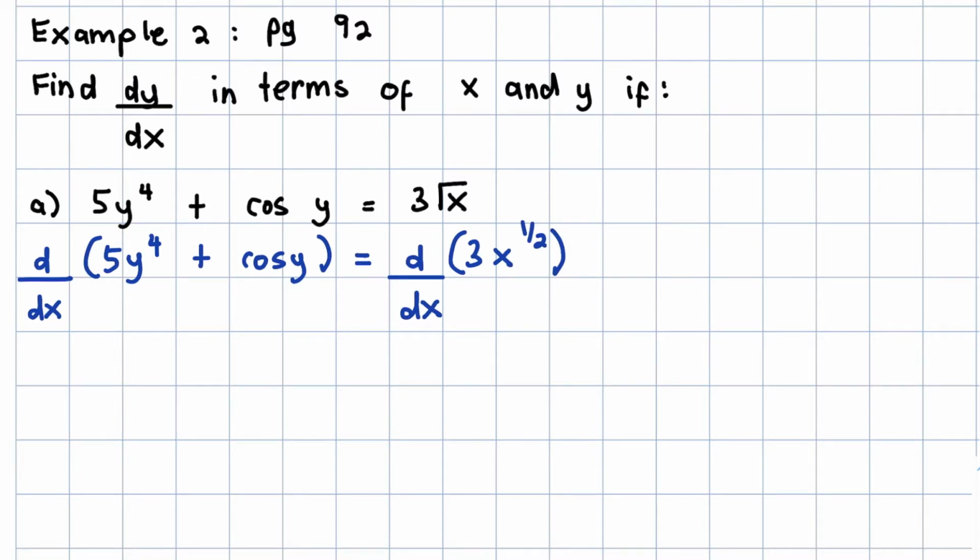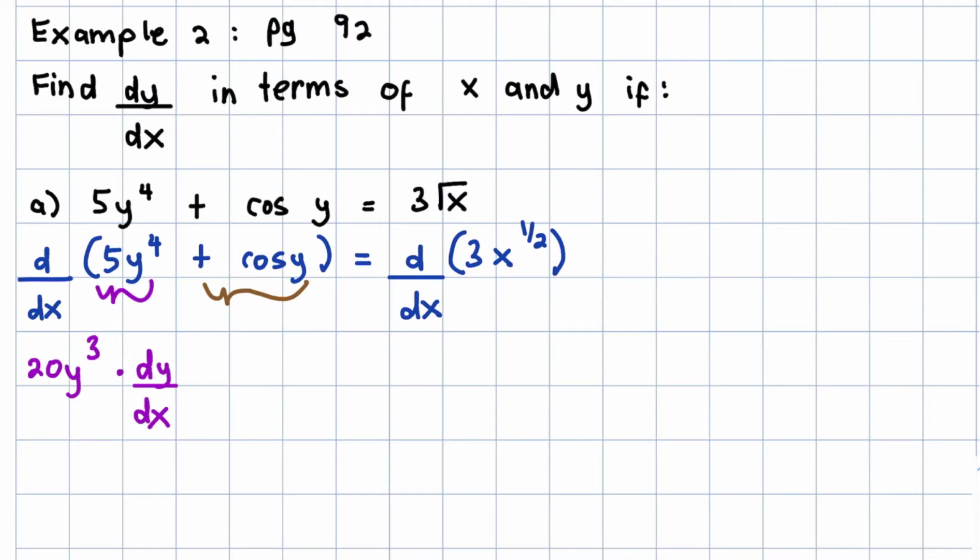So again, you have to multiply by dy/dx at the end of it. If you multiply this, the first differentiation will give you 20y³, then multiply by dy/dx, because you differentiate y. And then for the second term, you differentiate cosine y.